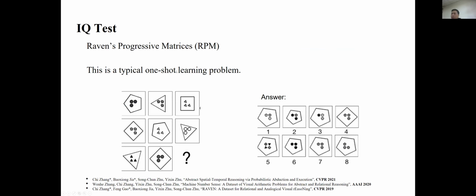So the IQ test is a typical abstraction of what we call a video understanding problem. For example, this is the so-called Raven's progressive matrices, RPM. You're given 8 pieces in 3 rows, and then you try to fill in the remaining one. The choices are 1, 2, 3, 4 to 8. And so you want to know which one fits best, right? And how do we formulate this problem? Okay, the problem is that each row is like a keyframe of a video.